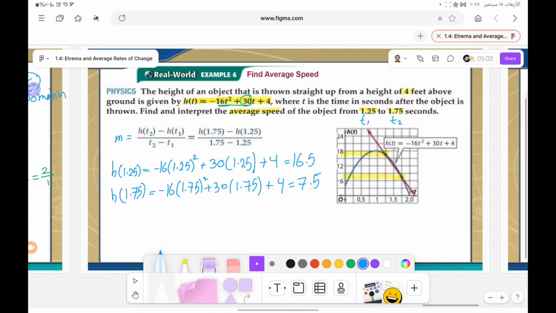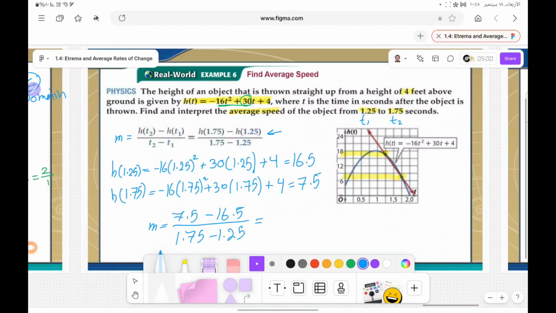Now let's put the values in the equation for the slope, or the average rate of change. It will become 7.5 minus 16.5, the values that I got, over y2 minus y1, which is 1.75 minus 1.25.